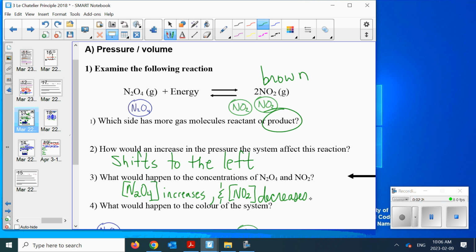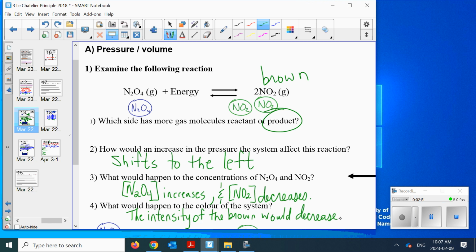The intensity of the color would decrease or something. I don't know if that's a good word. Okay. Less color. It might even get clearer.